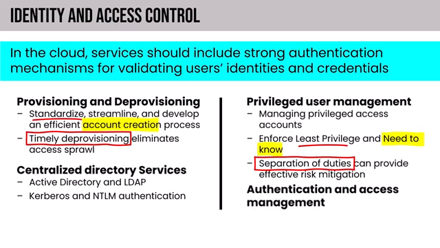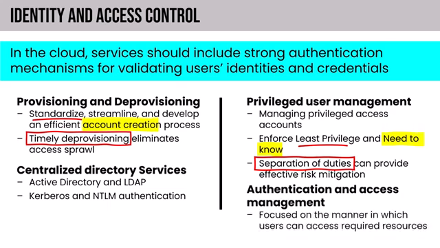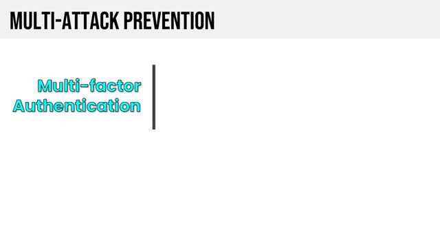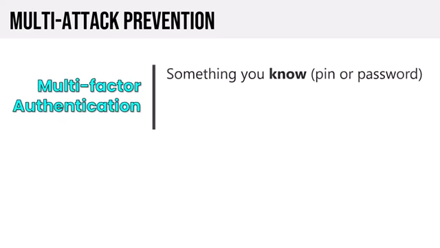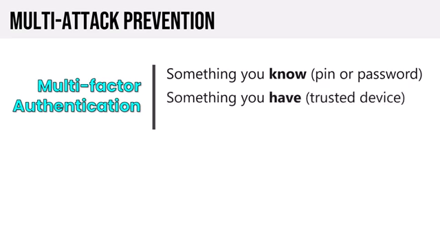And then from an authentication and access management perspective, we want to focus on the manner in which users can access required resources. That means we need to design a secure authentication and authorization experience. And that's where multi-factor authentication comes into play. That's where we authenticate a user with something they know, like a PIN or a password, something they have, like a trusted device, a mobile phone with an authenticator app, for example, something you are, biometric, thumbprint.